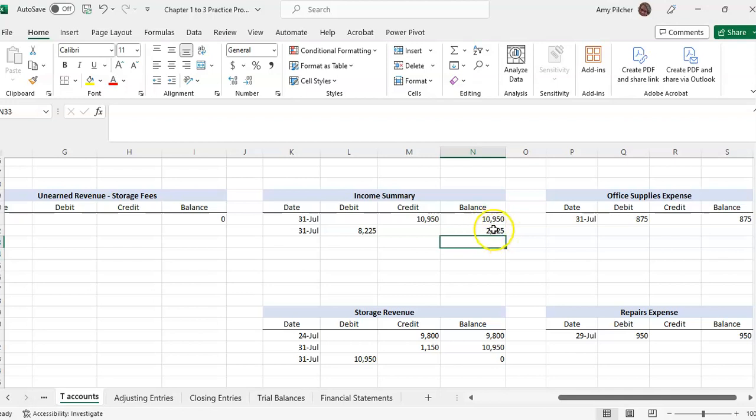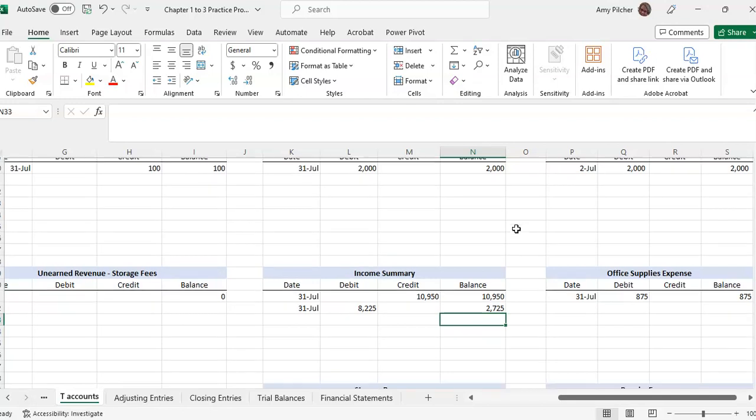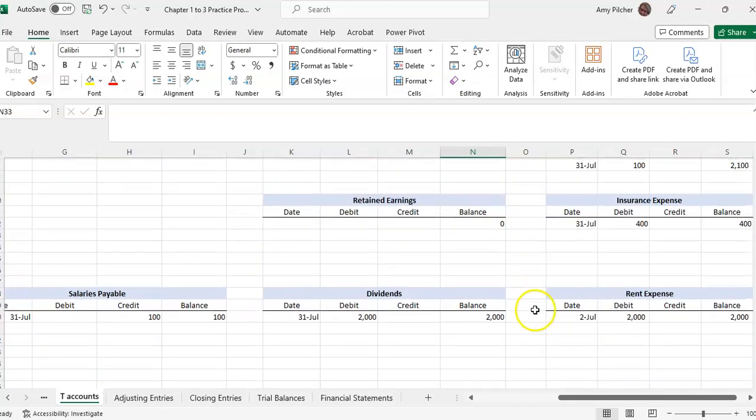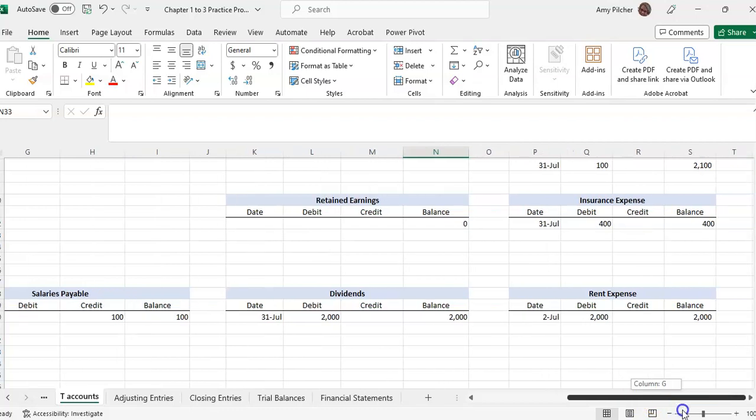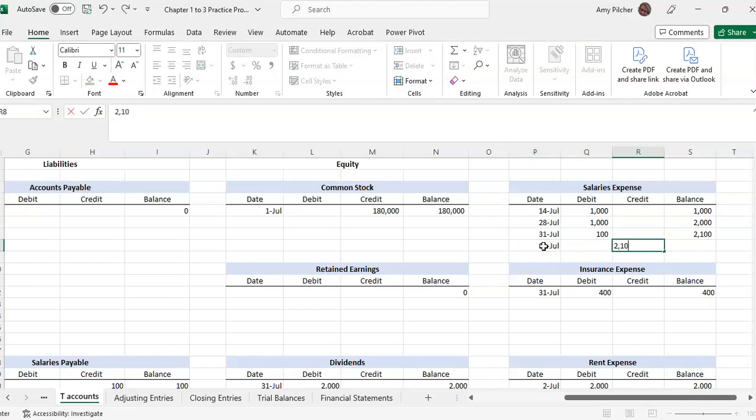Whatever the balance of income summary is after you've closed revenues and expenses should be the exact same number you have on your income statement as your net income or loss. Okay, we're now going to record to the T accounts all of these credits to close that balance out.